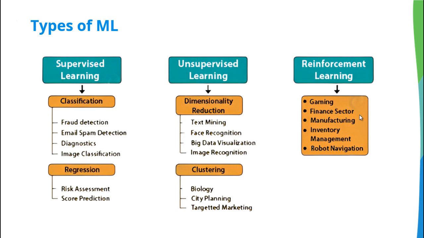We have clustering as well, either hierarchical or k-means, which fall under biological, city planning, target marketing, and so on. We also have reinforcement learning, which has gaming, finance sector, manufacturing, inventory management, and robotic navigation. These are just a snapshot of the types of machine learning we have.